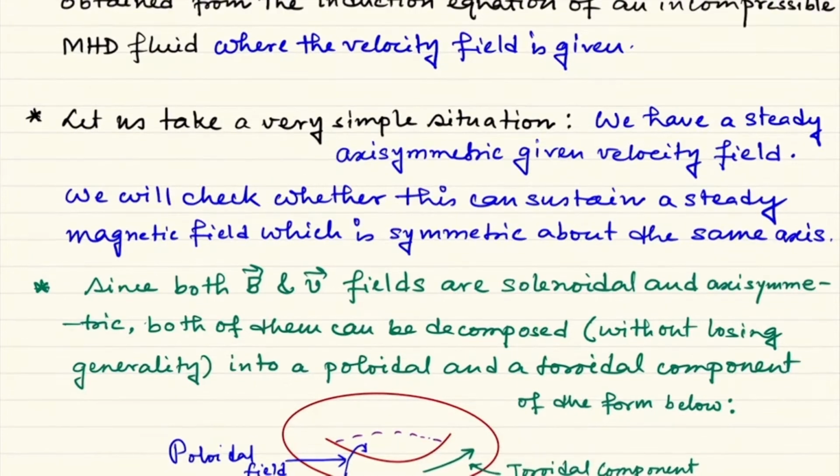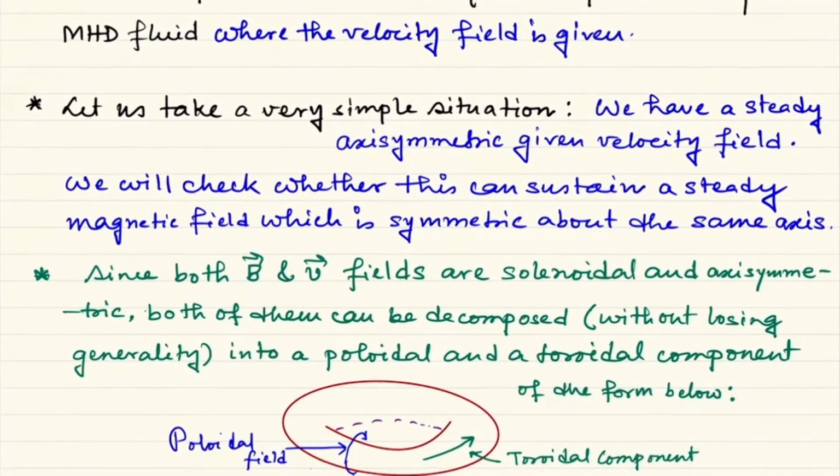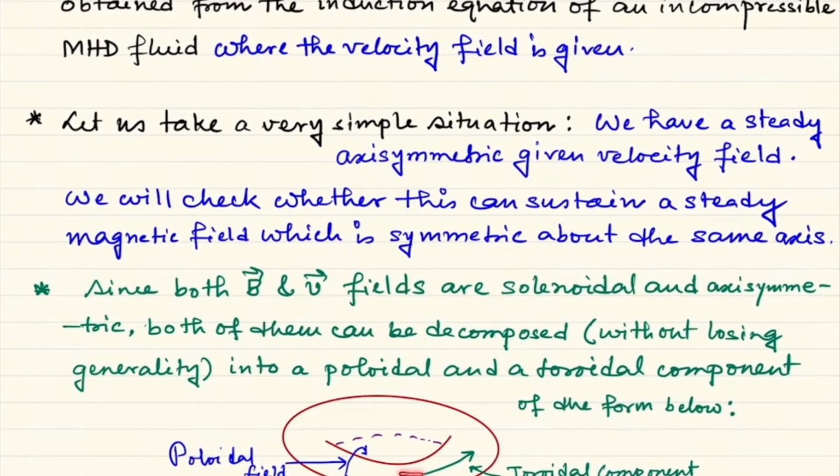Just imagine a torus like that, and there are two types of degrees of freedom on a torus. One is along the axis of this: if you cut the torus, then you will have a cylinder, and along the axis of the cylinder will be this direction.